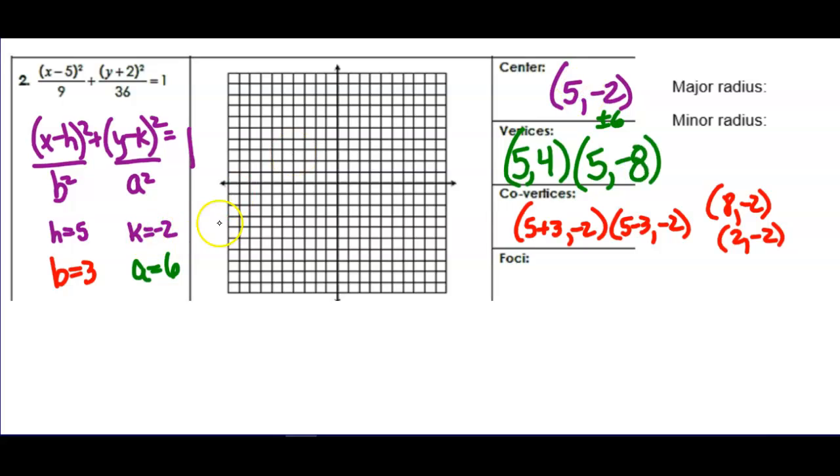Or, conceptually, you just go over here, you find 5, -2. Did I count too many? 1, 2, 3, 4, 5. Nope. Okay. And then from there, you look up here and you go, in the y, I'm supposed to go 6.